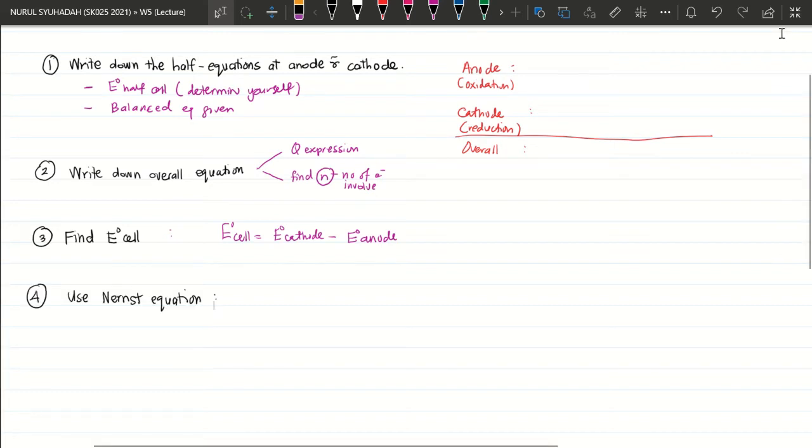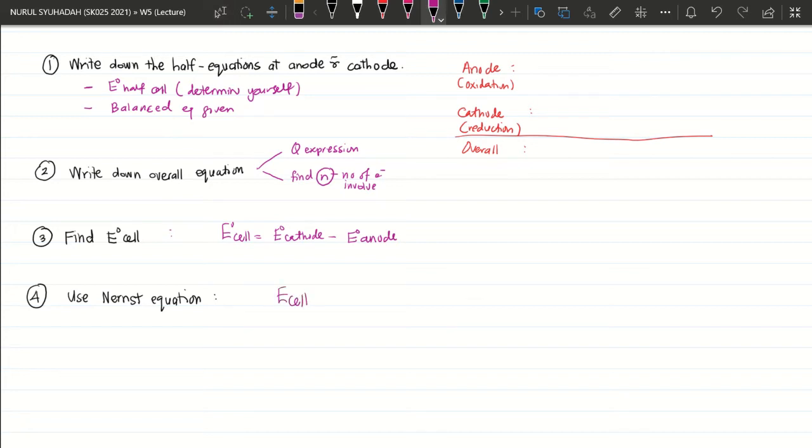So the last step, step number 4, is use the Nernst equation. If you look closely over here, I did not put the fourth step as find E cell, because it's not necessarily that you will find the value of E cell, but you must use your Nernst equation. So let me just write down your Nernst equation over here.